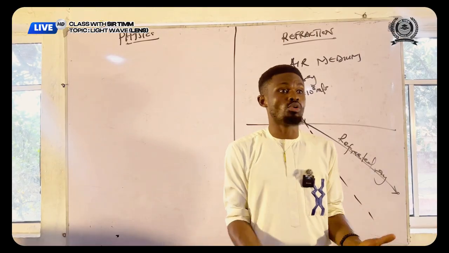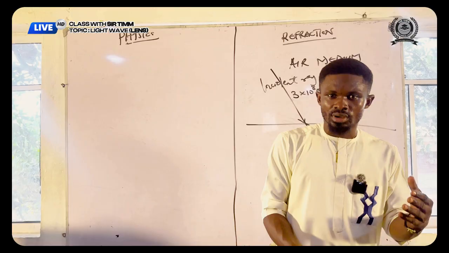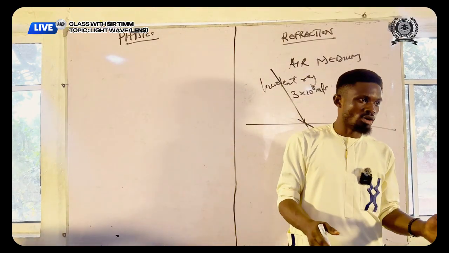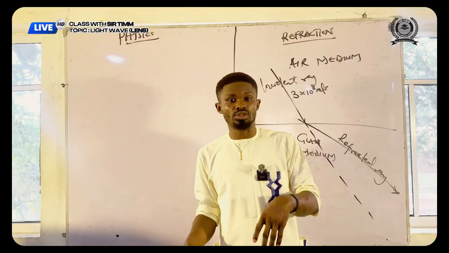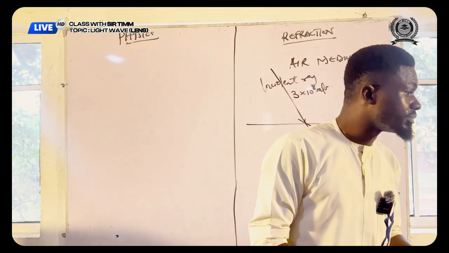As it moves in what? In media of different densities. Example, either moving from air to glass, or from glass to air, or from air to water, or from water to air. Am I communicating? Yeah. Good.